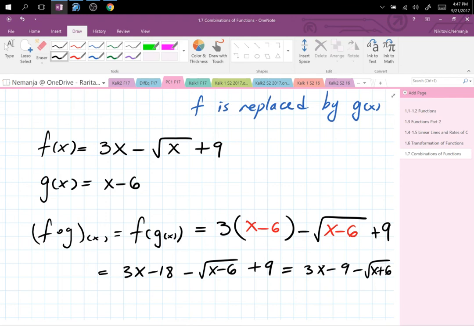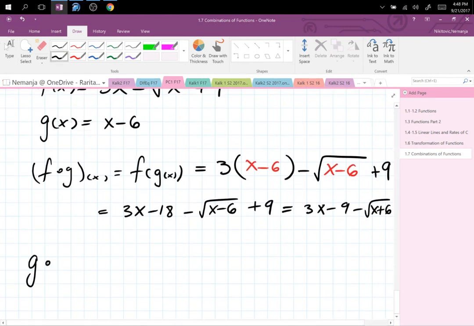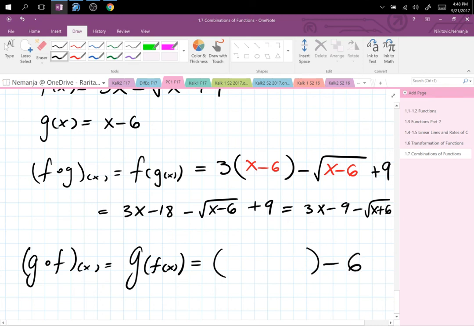In closing, I can also plug f into g, which turns the notation around. So g composed with f of x is g is the boss, and f gets plugged in. So g is the boss, and that is something minus 6.